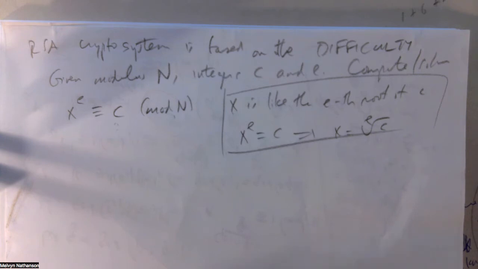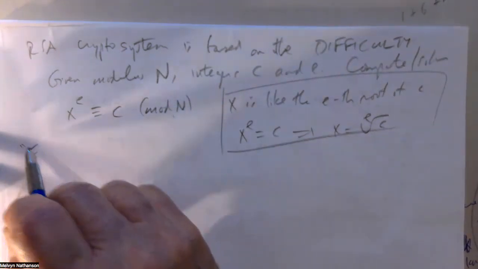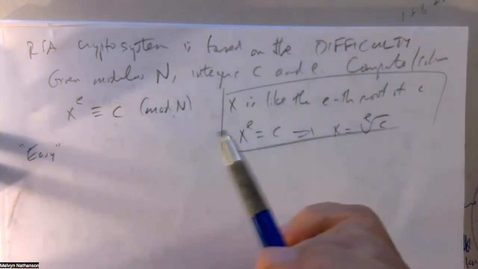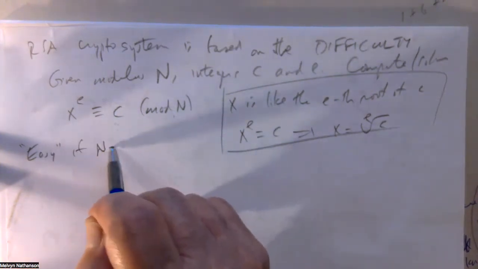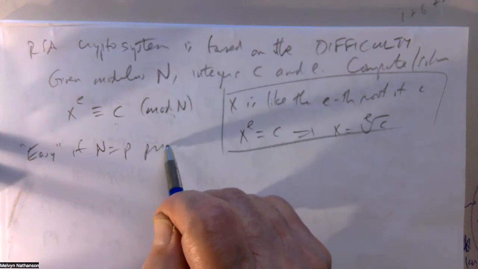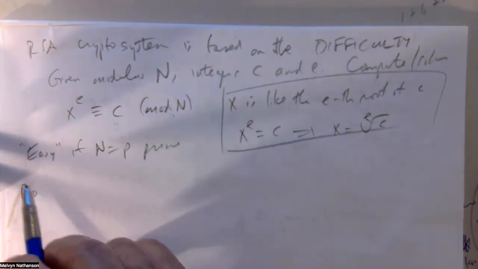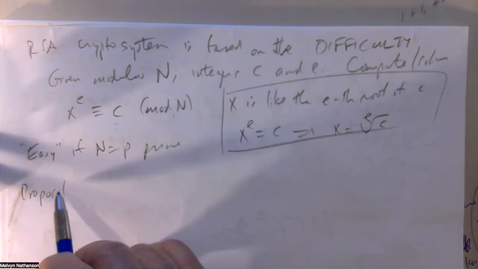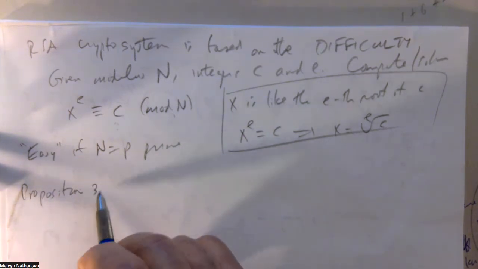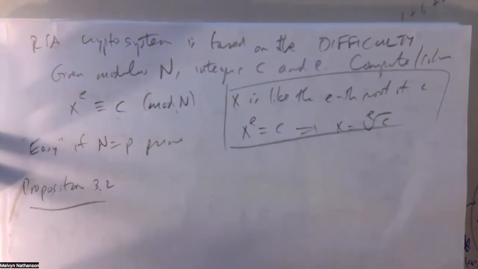Now, in some sense, this is, in quotation marks, easy if n equals p is a prime number. And this is the content of proposition 3.2 in the text.